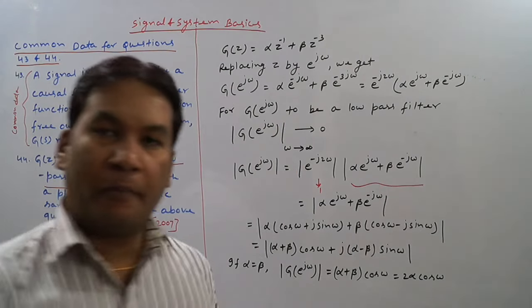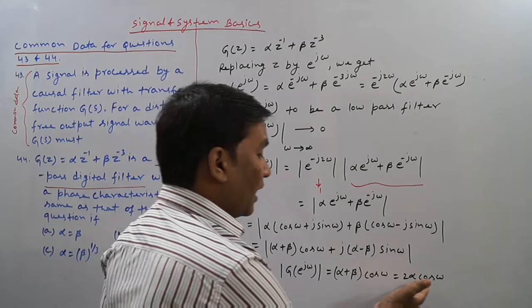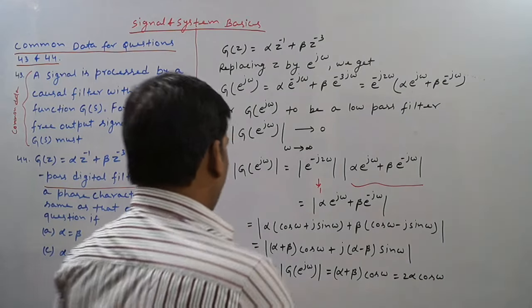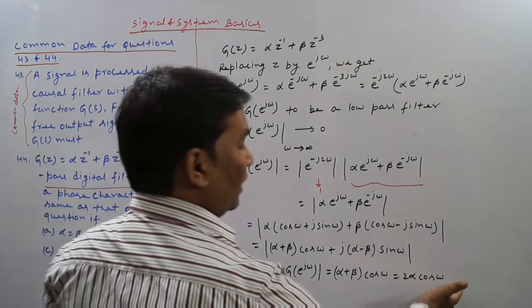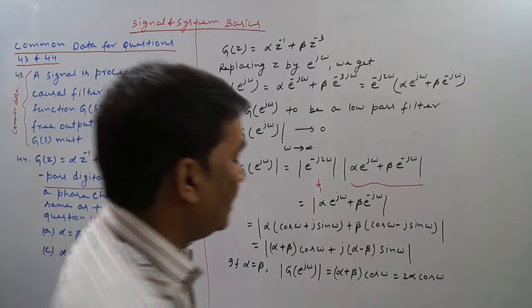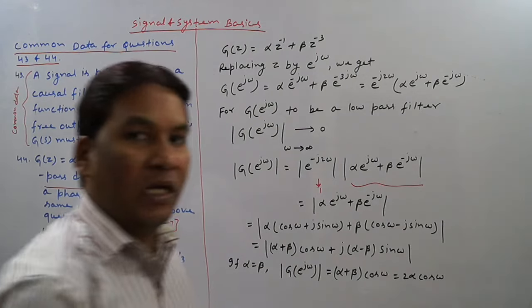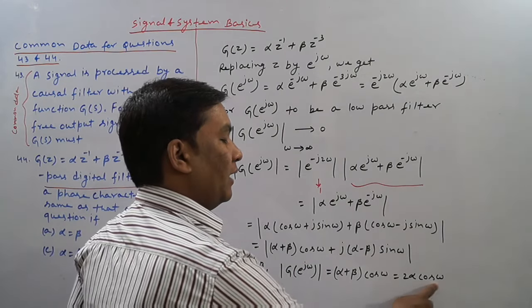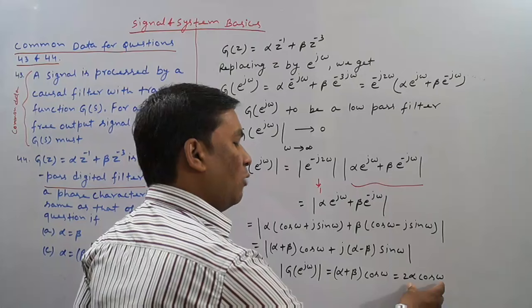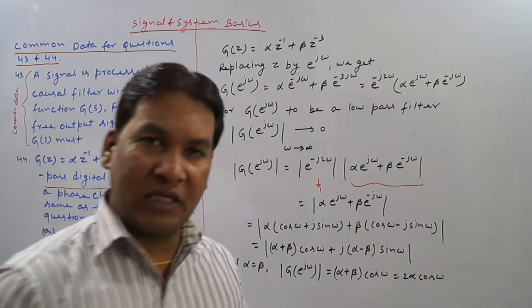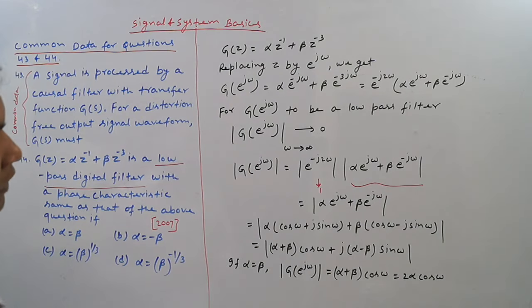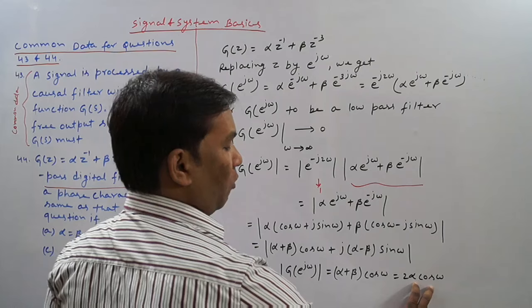So we can clearly see that this filter is passing low frequency only. As we are increasing the frequency, the value of 2 alpha cos omega is decreasing. So it is satisfying the property of low pass filter.